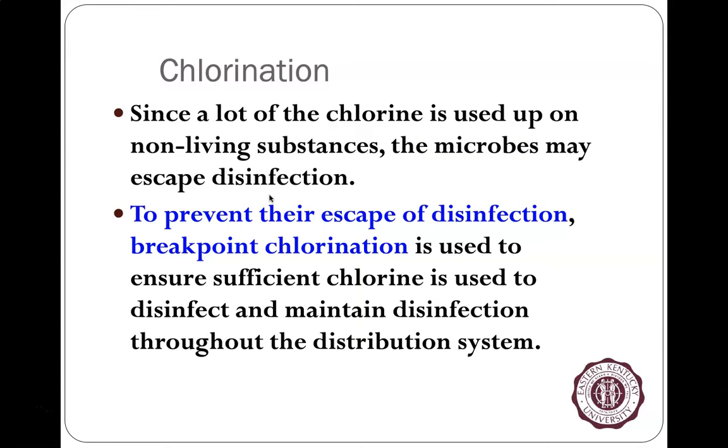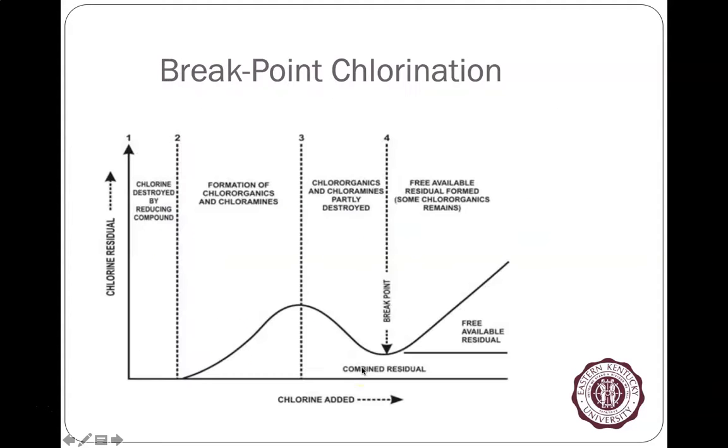There's an approach used to prevent this, called breakpoint chlorination. Breakpoint chlorination is used to ensure a sufficient amount of chlorine is there to disinfect and maintain adequate disinfection throughout the entire distribution system.